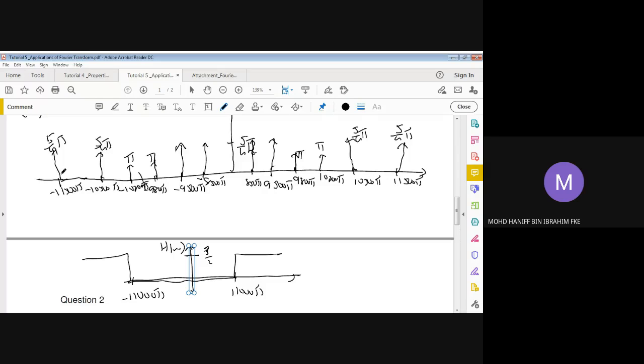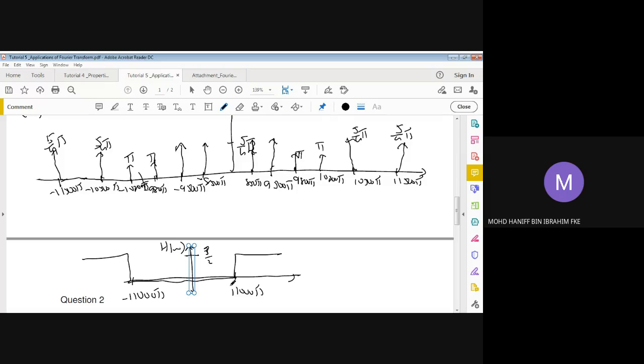Based on these impulses that we have, only 2 impulses can pass through this filter response, which are located at 11,500 pi and negative 11,500 pi, because all the other impulses are lower than 11,000 pi.